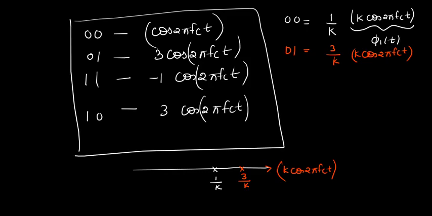In many books, what will you find, they will just write k cos 2 pi f c t and make everything 1, but ideally if you say that this is your basis, it must have energy 1. So, a k is required and the value of k you need to work out in the assignment.